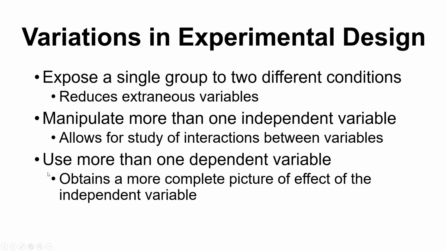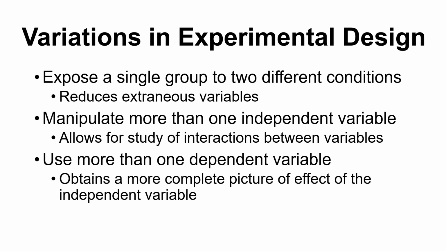You can also, as you might guess, use more than one dependent variable. So instead of just measuring braking time, maybe you wanted to look at number of times they scan the road, or speed, or whatever you want to measure. So if you can measure multiple things that might be affected by your manipulation, that gives you a more complete picture of the effect of that manipulation to your independent variable.